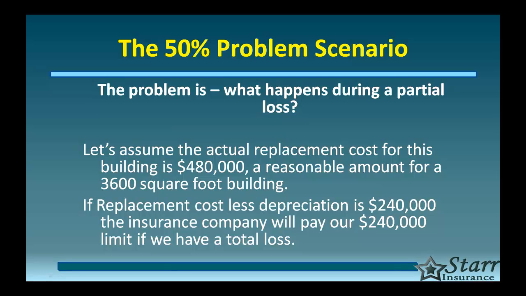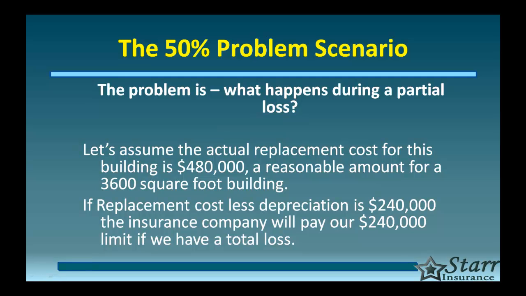Well, let's assume that the actual replacement cost for this building is $480,000, which is a reasonable amount for a 3,600 square foot building. It's about $130 a square foot, which would be a reasonable reconstruction cost. If replacement cost less depreciation is $240,000, that means about half of our building, or 50% or so, has been depreciated away.